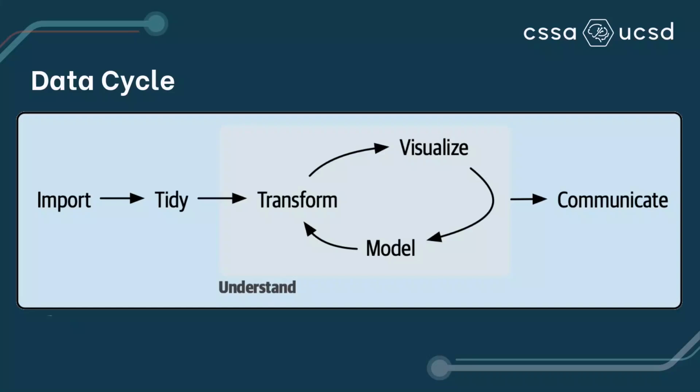We start transforming them and visualizing them in graphs, in charts, in histograms, and then we use those visualizations to create a model and predict future outcomes. And at this point, we can truly understand the patterns within the data, and then we will communicate these patterns outward. I'm sure some of you are very familiar with this cycle.